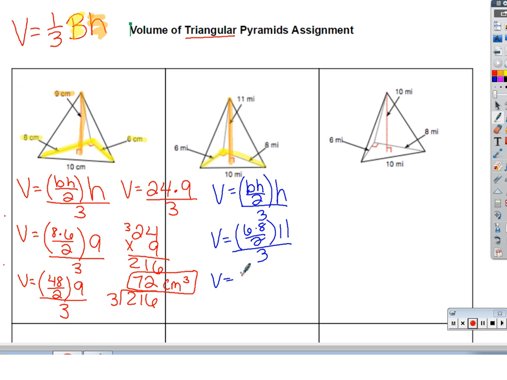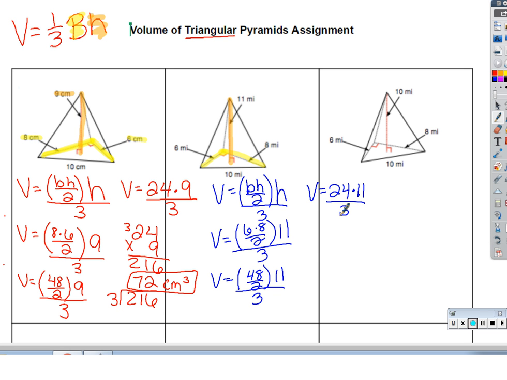So volume equals 48 divided by 2 times 11 divided by 3. And what's 48 divided by 2? 24. So volume equals 24 times 11, and then I'm going to divide that by 3.